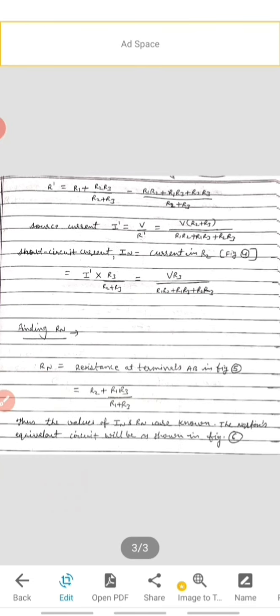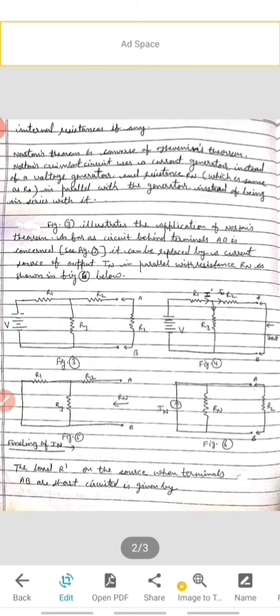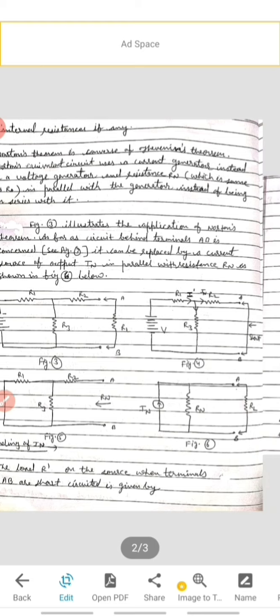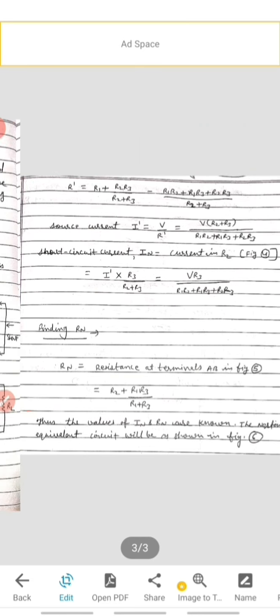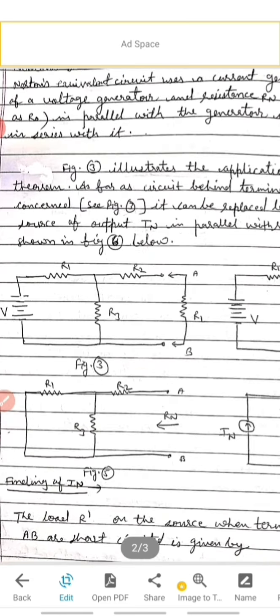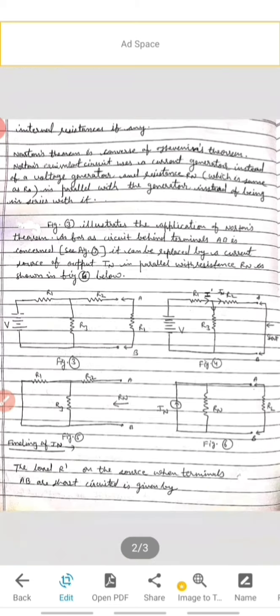Rn equals the resistance at terminals AB in figure 5, and for this we have to calculate the resistance of the circuit as in figure 5, and this comes out as Rn equals R2 plus R1 R3 divided by R1 plus R3.